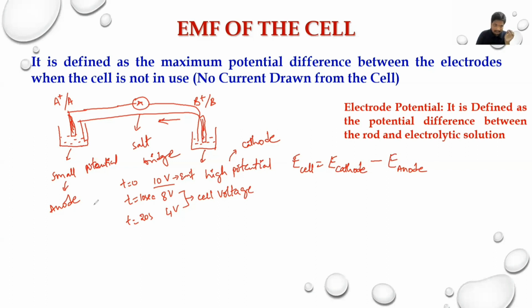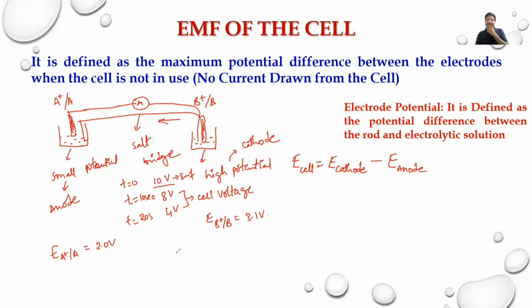Let us see. Generally, the electrode potential is represented as reduction potential. For example, one half cell has a reduction potential, A plus by A, equal to 2.0 volts, let us assume. This other half cell, B plus by B, has 3.1 volts.